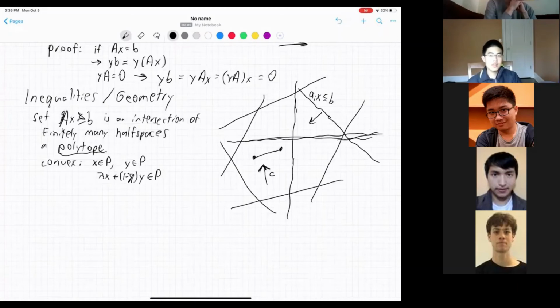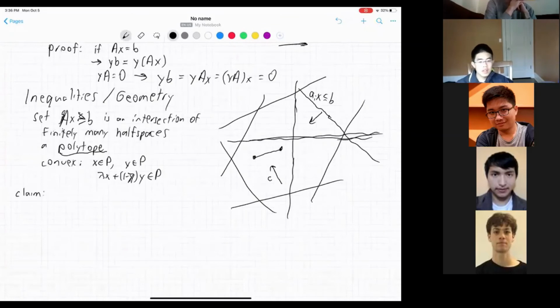And let's suppose that my goal is to maximize c·x. Okay. Where am I going to find the optimum solution in this polytope that I've drawn? Corner. Exactly.